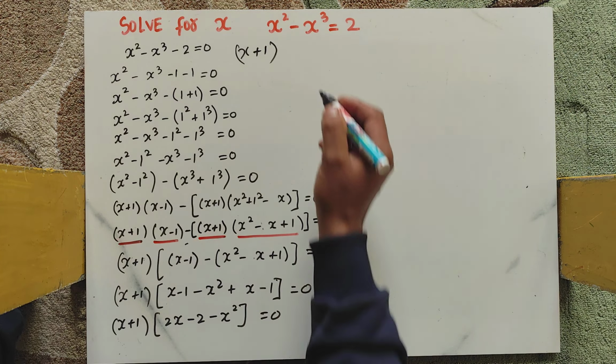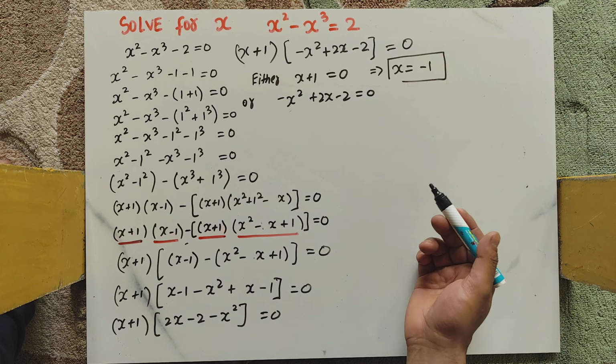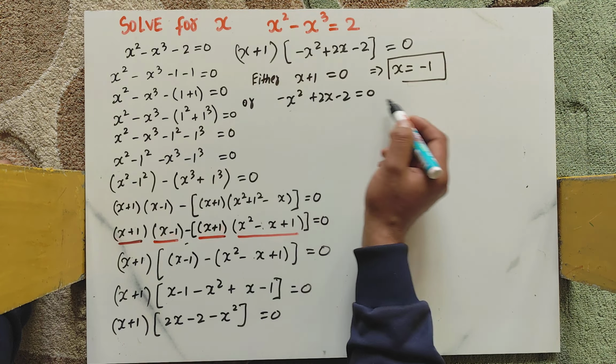Now we need to solve the other one to find the value of x again. So let's multiply both sides by negative 1. We will get x square minus 2x plus 2 is equal to 0. Now solving using the quadratic formula.